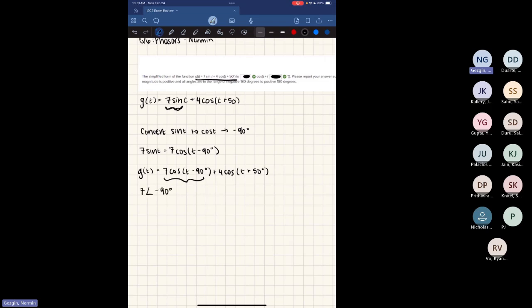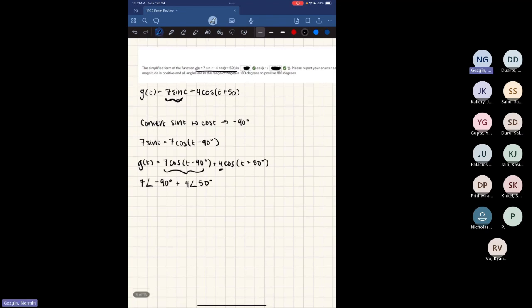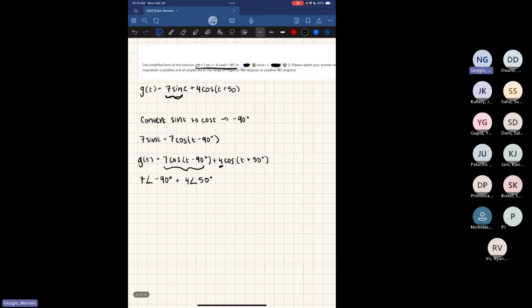For this one, the 4 goes here and the 50 degrees is on the right side. So this is the function in polar form. But again, we need to turn this into rectangular so we can add and subtract them. In polar form, you can only multiply and divide in the scope of this class.